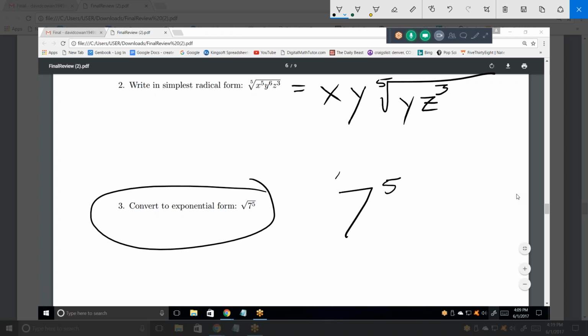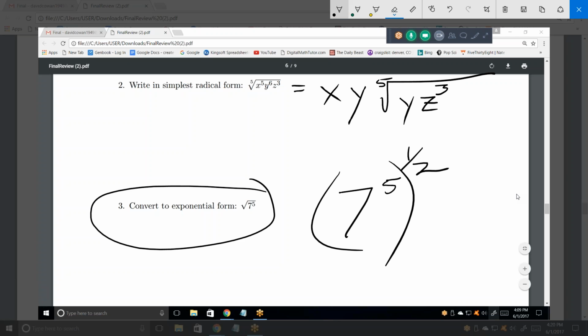Take whatever's in the radical. A square root means to the 1/2 power. That's what square root means, just like fifth root meant to the 1/5 power. In other words, that's always the root.